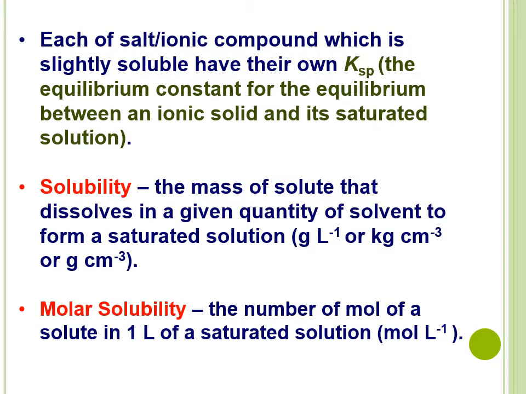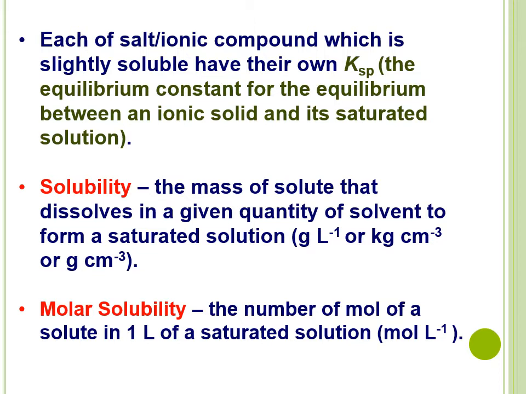Each salt or ionic compound which is slightly soluble has its own Ksp. Ksp is the equilibrium constant for the equilibrium between an ionic solid and its saturated solution. Solubility is the mass of solute that dissolves in a given quantity of solvent to form a saturated solution.